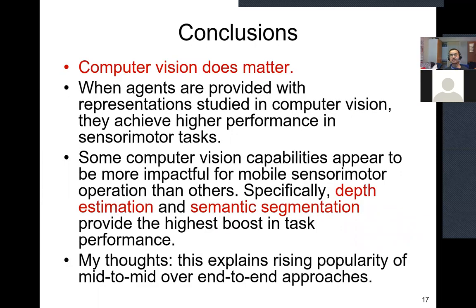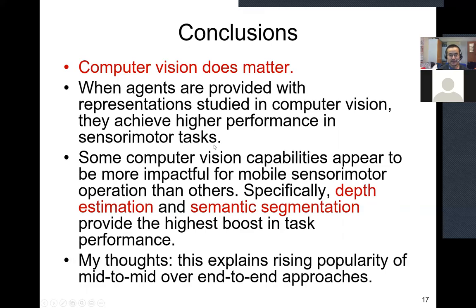So the conclusion is that computer vision does matter. When agents are provided with representations studied in computer vision, they achieve higher performance in sensory motor tasks. And some computer vision capabilities appear to be more impactful for mobile sensory motor operation, mobile robots, than others.